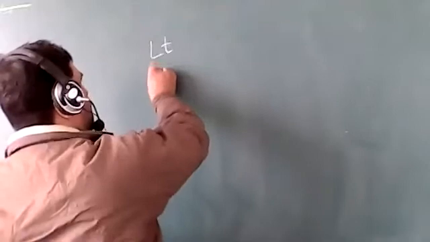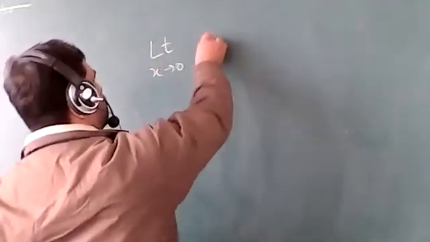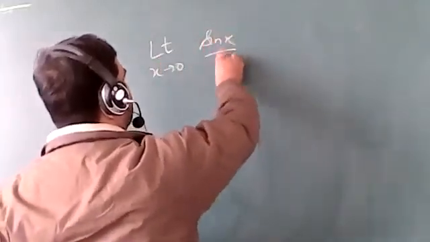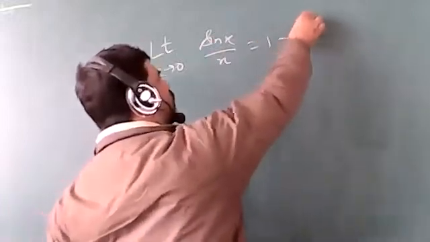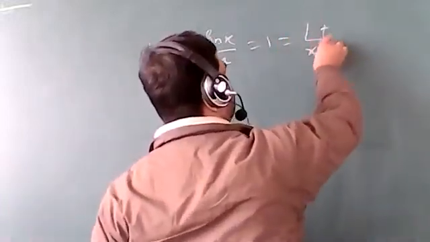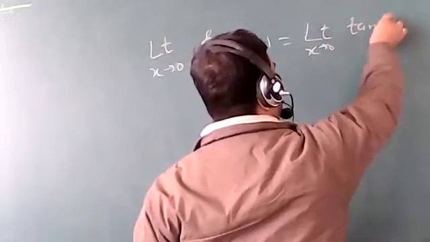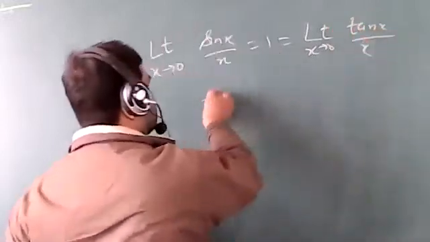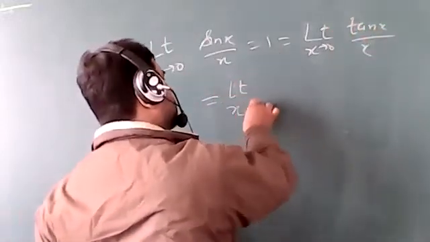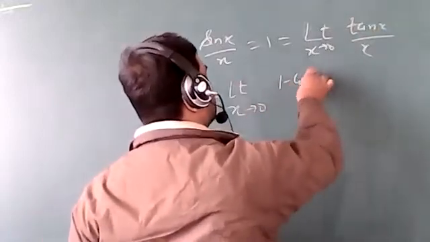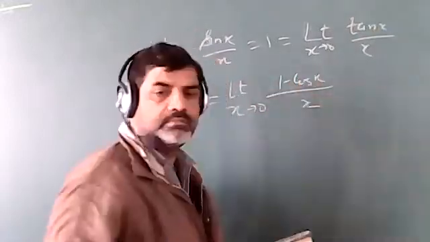Limit x tending to 0, sin x by x equals 1, equal to limit x tending to 0, tan x by x, and this equals limit x tending to 0, 1 minus cos x upon x.